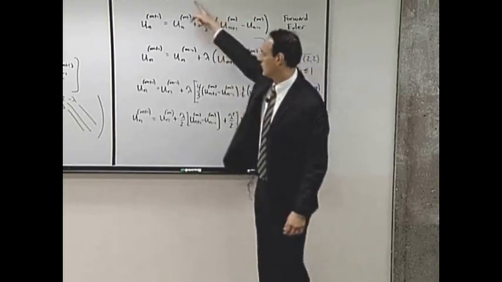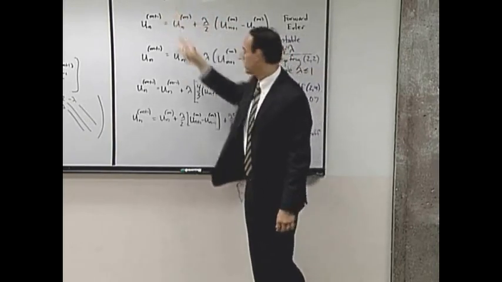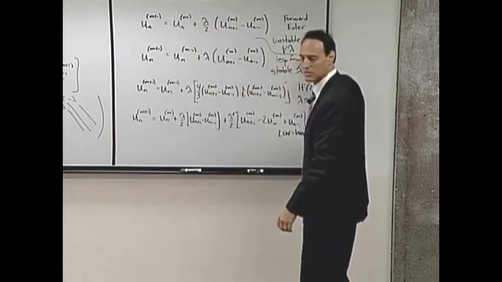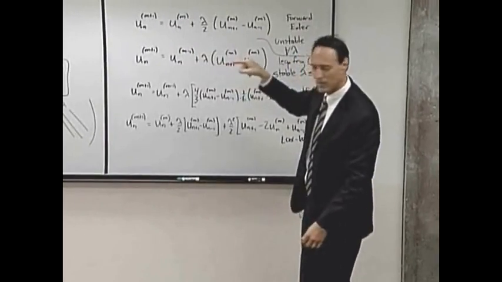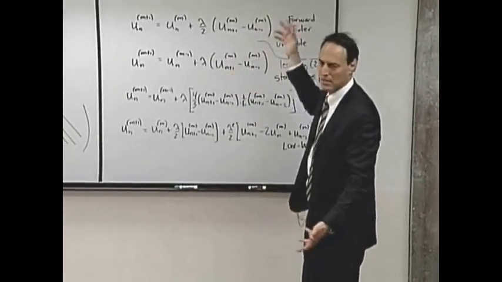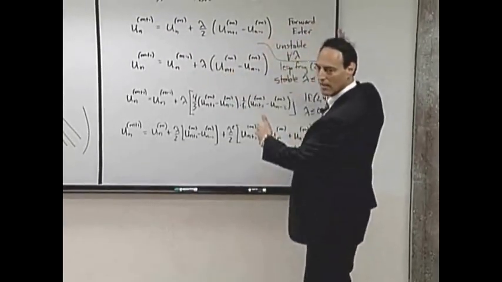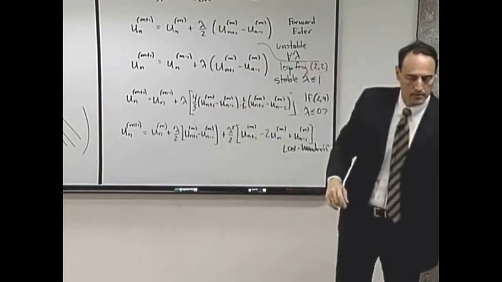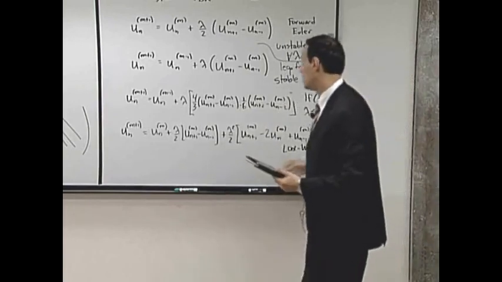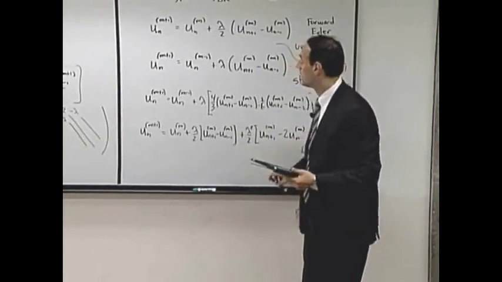That's the simplest thing to do. One thing you always notice is lambda can only be so big, except for the implicit scheme, where lambda can be anything, but it's always going to be below a certain value. Okay? All right, so anyway, that's a little side note that we have to consider.